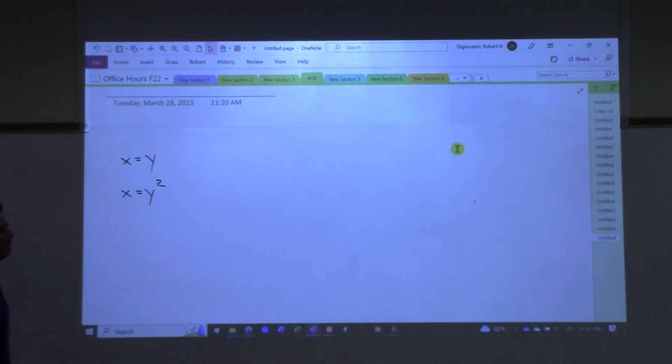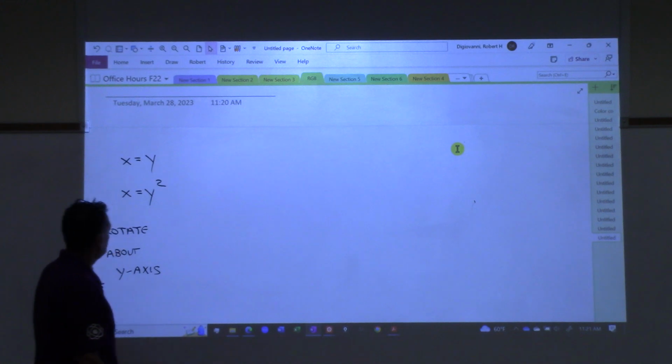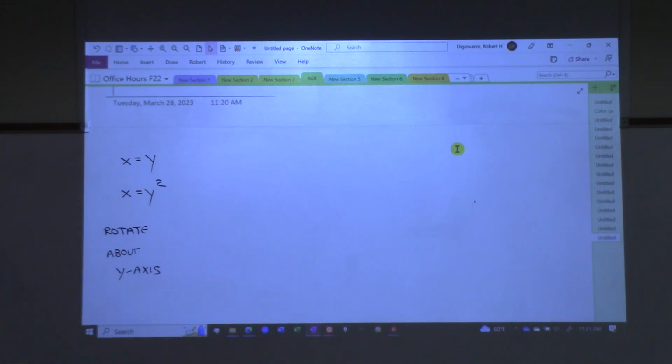This is going to be our region, and we want to rotate this about the y-axis instead of the x. What I've given you are not functions of x. These are solved for x, so these are functions of y. I want to take the region bounded by those 2 curves and wrap it around the y-axis instead of the x-axis.